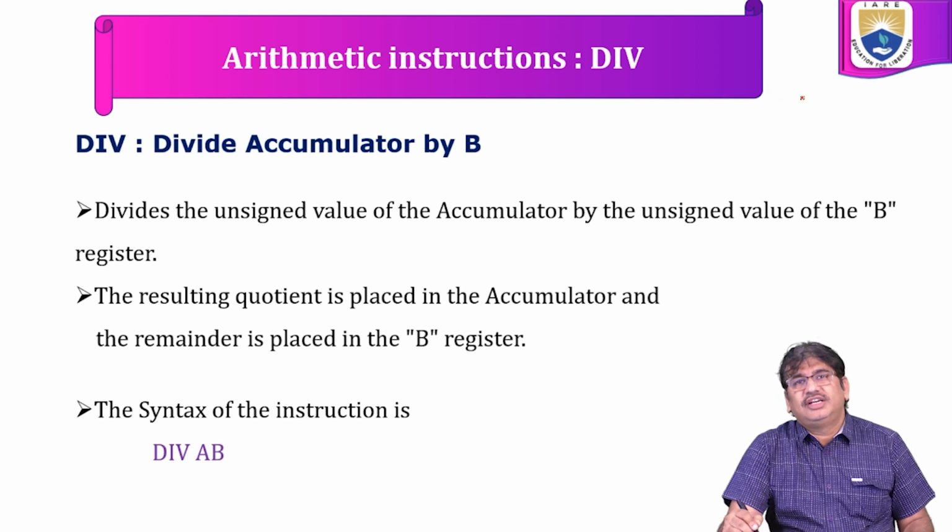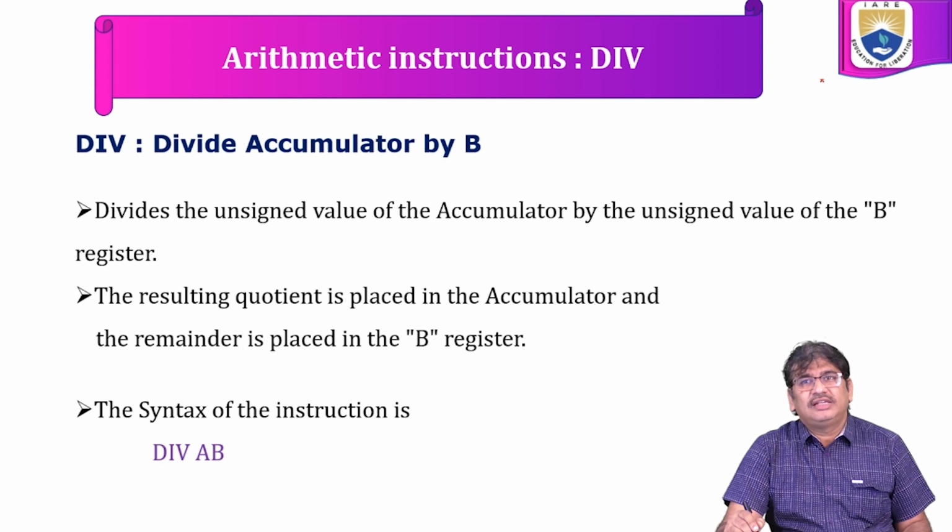The next instruction is DIV, which is divide accumulator by B. The DIV instruction divides the unsigned value of the accumulator by the unsigned value of the B register. Here, the accumulator contains the dividend. The divisor we have to place in the B register.